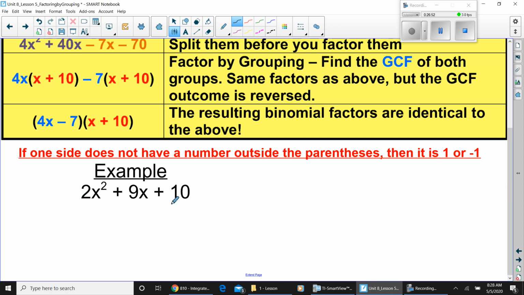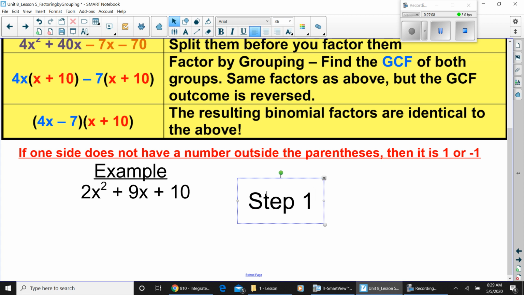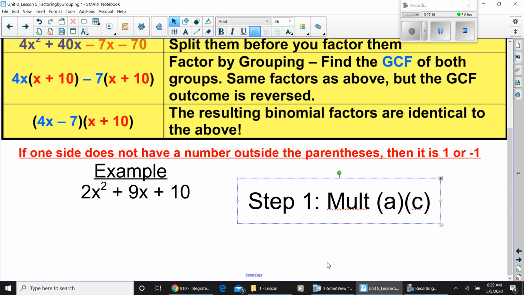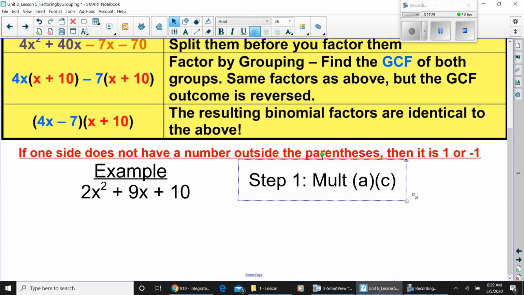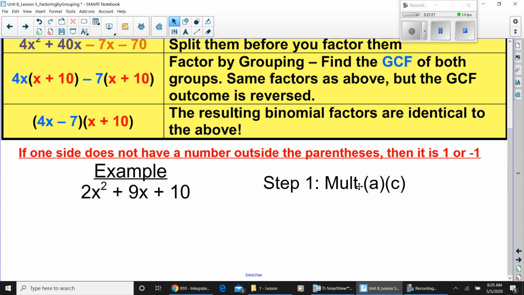So here's an example, a much easier example, by the way. All right, so go through your steps, and we'll go through them together, and we're going to say step 1. Multiply A and C. And by the way, the step 1 that I had down was to actually take a look at it and see if you have a greatest common factor that you could take out.